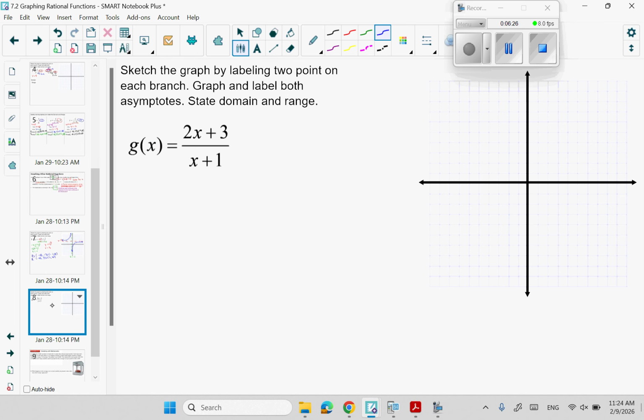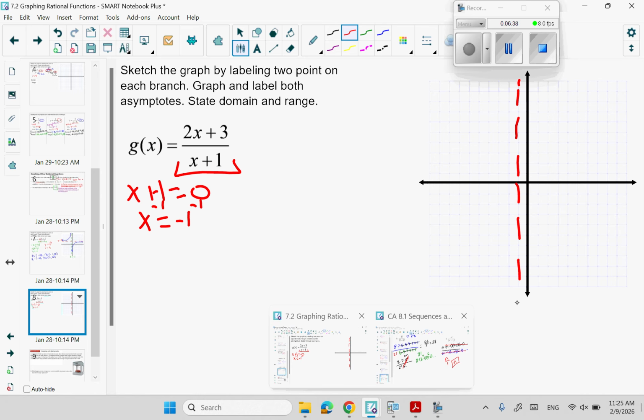Same thing, let's set the denominator equal to 0. We get x equals negative 1, by minus 1 minus 1. And then we can divide, so we get y equals 2 over 1, or just y equals 2.